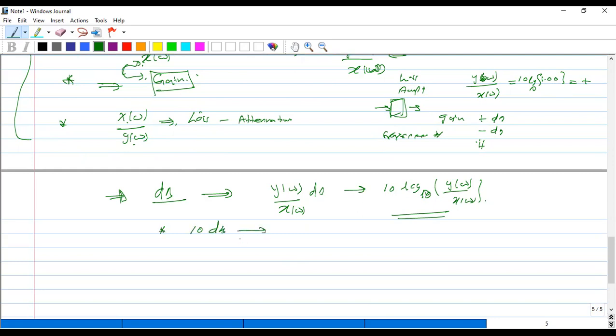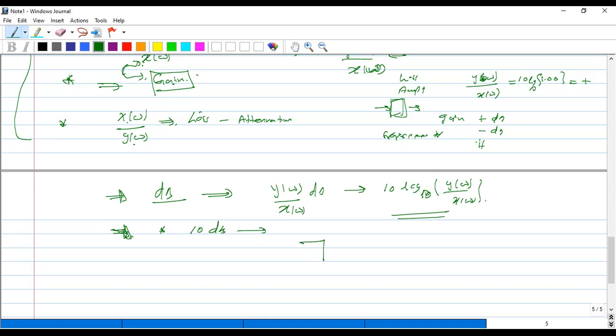Then what is the loss of the amplifier? Is the loss of the amplifier positive or negative?